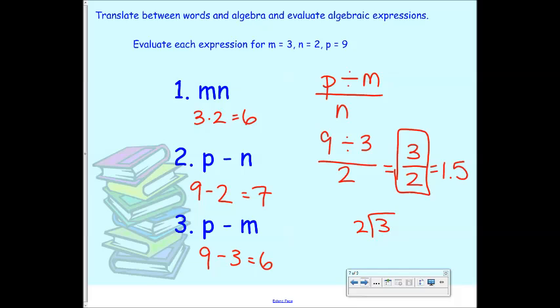No, what could you do to 6 over 9? Simplify. What's another word for simplifying fractions? Starts with an R. Reduce. Okay, so if you can reduce it, you have to, but if it's an improper fraction that's fully reduced, you can leave it like that too. Once we get to chapter 2, you guys will be allowed to use calculators for the rest of the year on everything, just not in chapter 1 because I want to test if you can do them. So once we get to chapter 2, you guys will have calculators, at which point none of this should be a problem. All right, so 3 divided by 2 gives you 1.5.